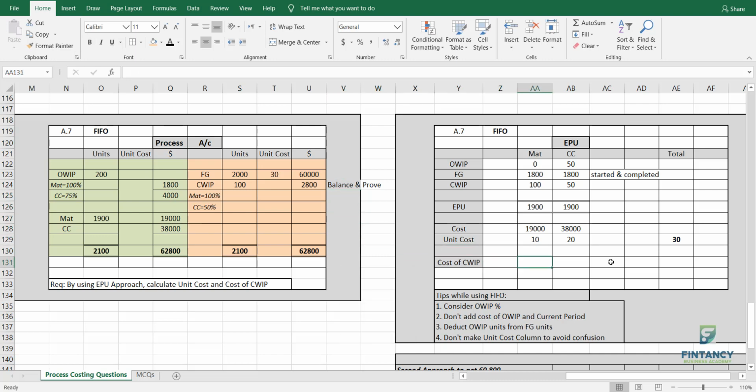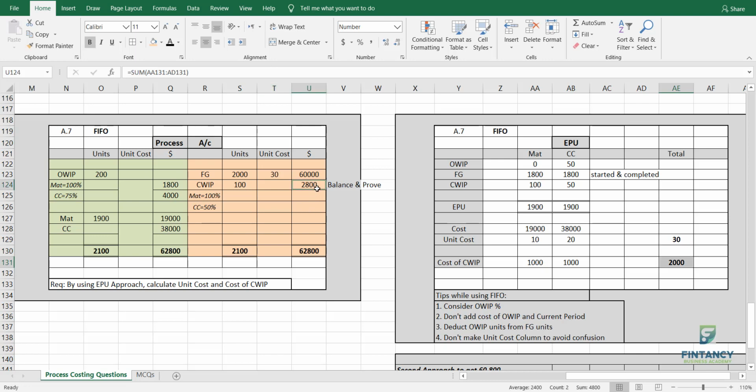Then you came here to proof. You say, okay, my closing is 100 and my unit cost is 10. And then you did like this, right, everyone? And you totaled it. So you got 2000. See, this 2000 is not matching with this 2800 here.